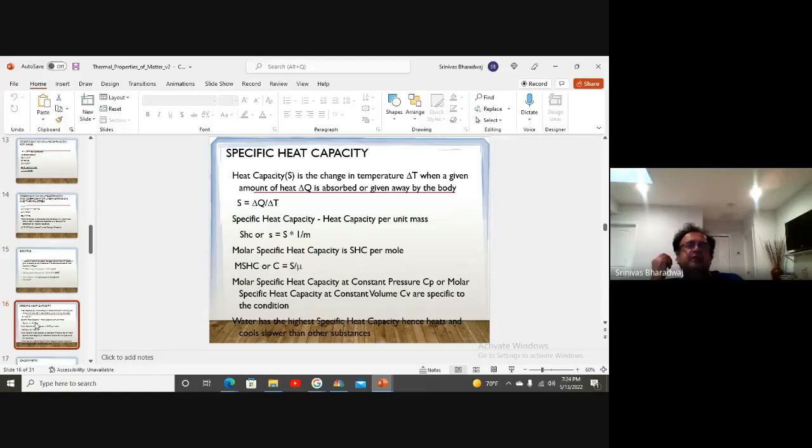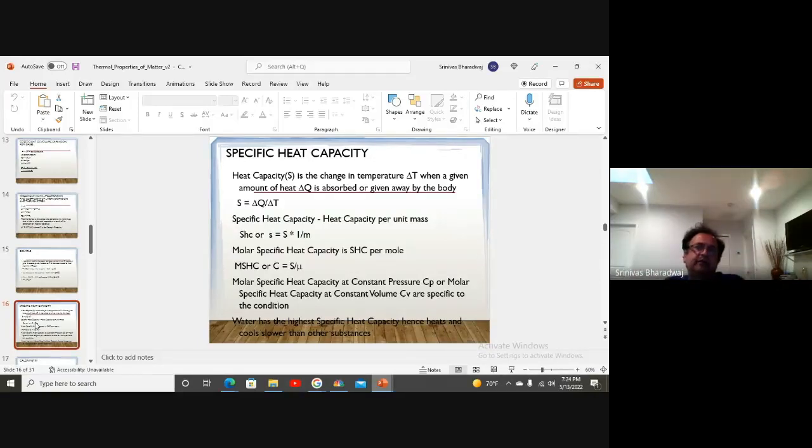Now, specific heat capacity: heat capacity is the change in temperature when a given amount of heat is absorbed or given away by the body, right? In all these problems with specific heat capacity, typically the most important thing you have to do is heat lost equals heat gained, and that is the central idea.